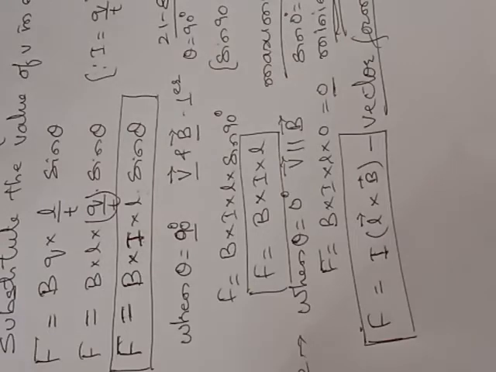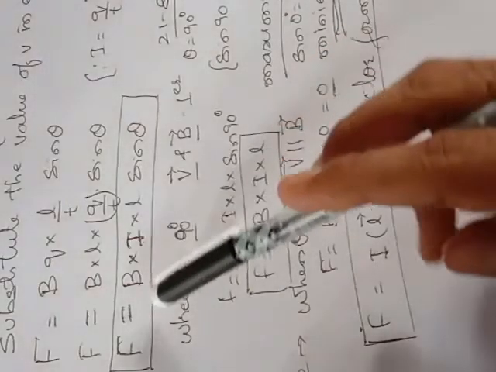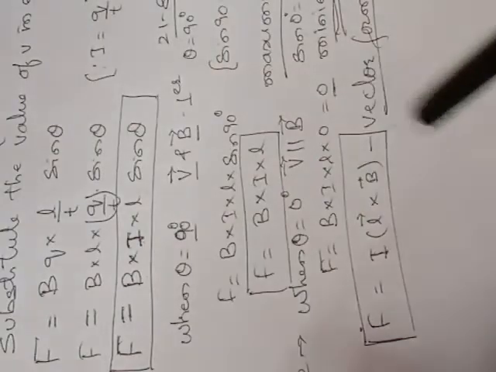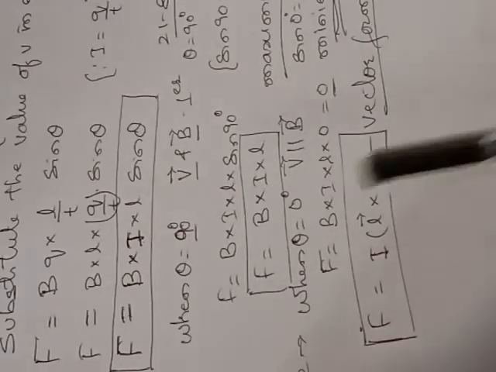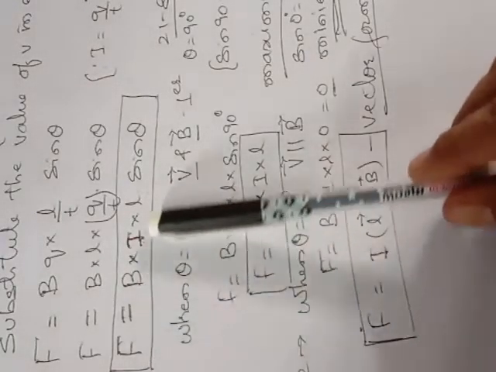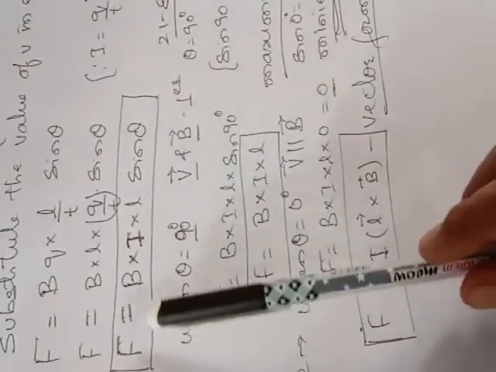Now the question arises: what are the factors on which the force depends? From this equation you have to just tell. If the question is asked, write the factors on which the force acting on a conductor carrying current placed in a magnetic field depends, this can be easily explained with this formula.